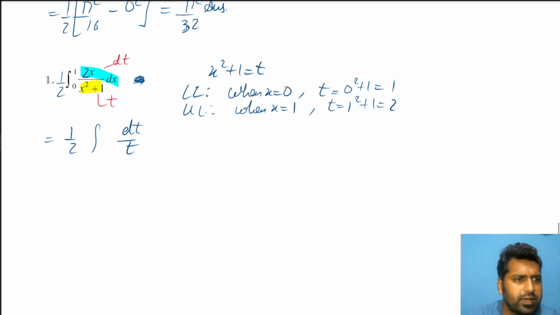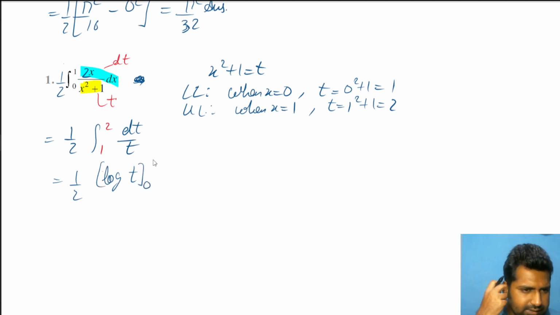So basically your integration limit changes from 0 to 1 to 1 to 2. That's 1 by 2. The integration of 1 by t is log t. Basically log mod t, but this time we know what our t is. t is a positive quantity, so I don't have to put a mod here. If I want I can still, but it won't make any difference.